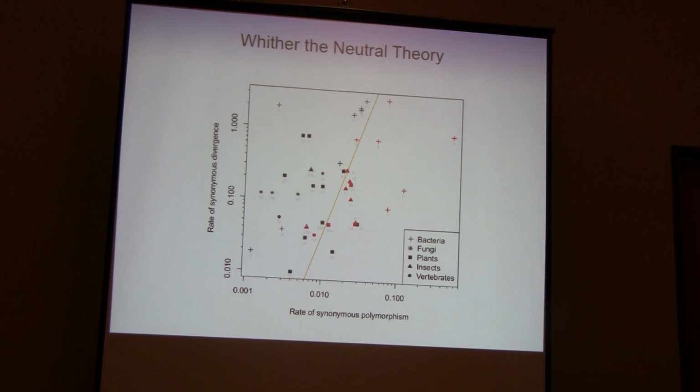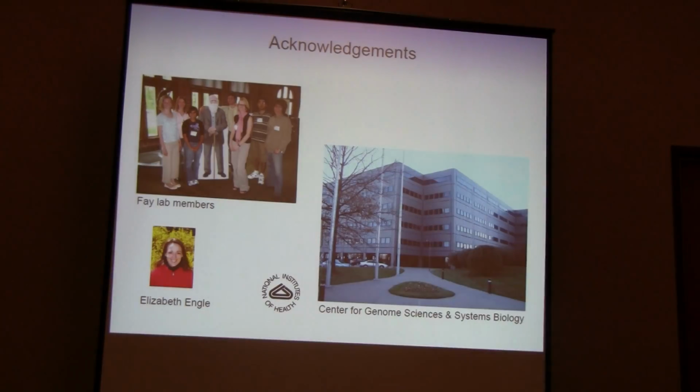So I don't think that there's a good explanation yet for this data, but perhaps if we had quantitative predictions for the effects of Hill-Robertson interference on the McDonald-Kreitman test, there would be some further resolution of these types of data. And so this work was done by Betsy Engel, who just defended her thesis last week.